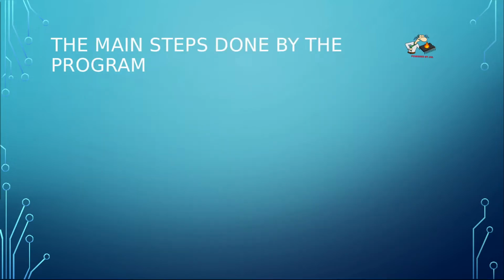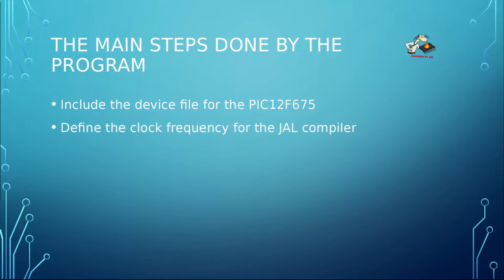So if you look at the main program, what are the steps? First, you have to include the correct device file for the microcontroller. As you may know, there are a lot of different PIC microcontrollers, each with their own registers and so with their own device file. Then you need to define the clock frequency that is used by the PIC microcontroller, because the compiler needs it in order to calculate the correct delay.